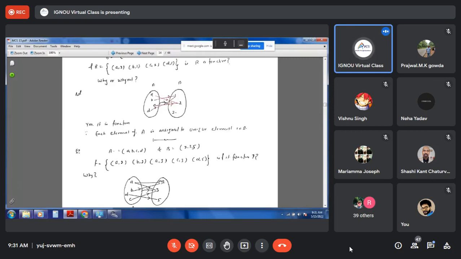Yes, it is possible. A to 3, no, C to 3, D to 5. It is not a function. Why? See, A and B have the same image 2.